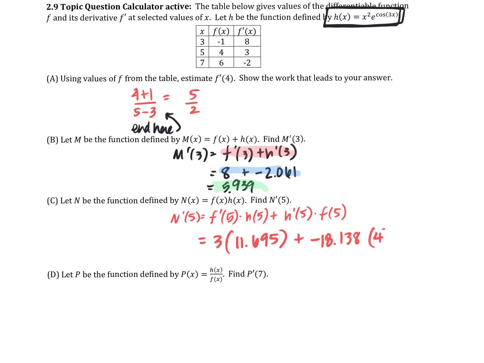From the table it is 4, right? So if you were to simplify this, make sure that you use the actual values from your calculator. I would have gotten negative 37.466, but I'm not going that far. I'm just going to go right there.